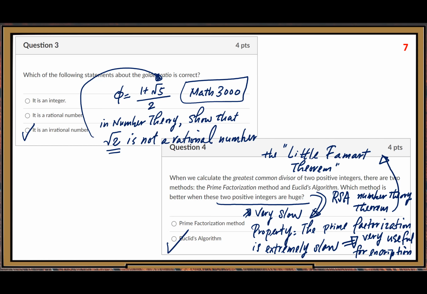Using the little Fermat theorem, if we know some big integer keys, we can do factorization of one big number easily. But because when we do encryption, there is a secret code. There is a public key and a private key. So if you learn the coding theorem, there are two keys. One is called a private key. Another is called a public key.